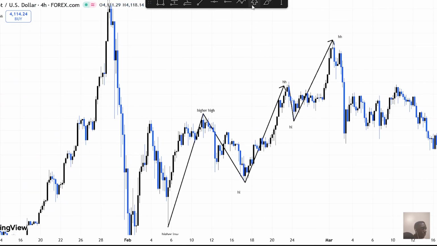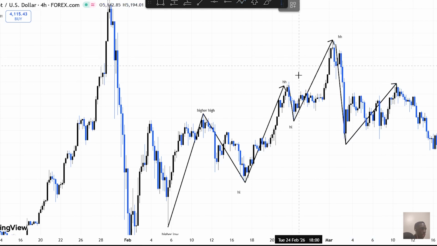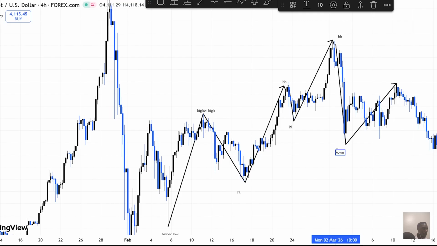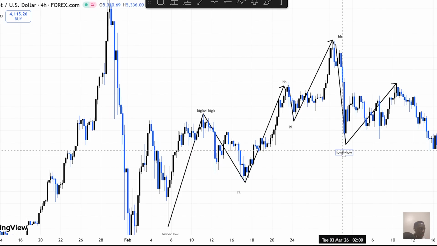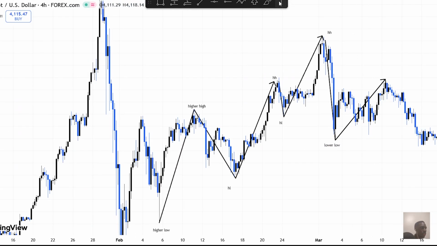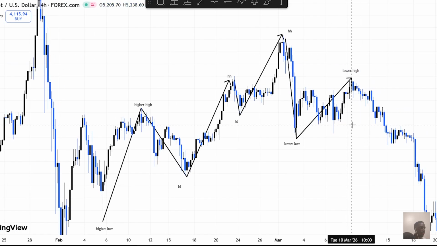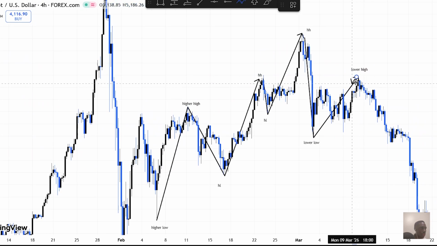So as you can see here, as I've told you previously, price comes and breaks the higher low and gives us what we call a lower low, a lower low, a lower low, and then retraces and gives us a lower high, retraces and gives us a lower high, and then price continues pushing lower.